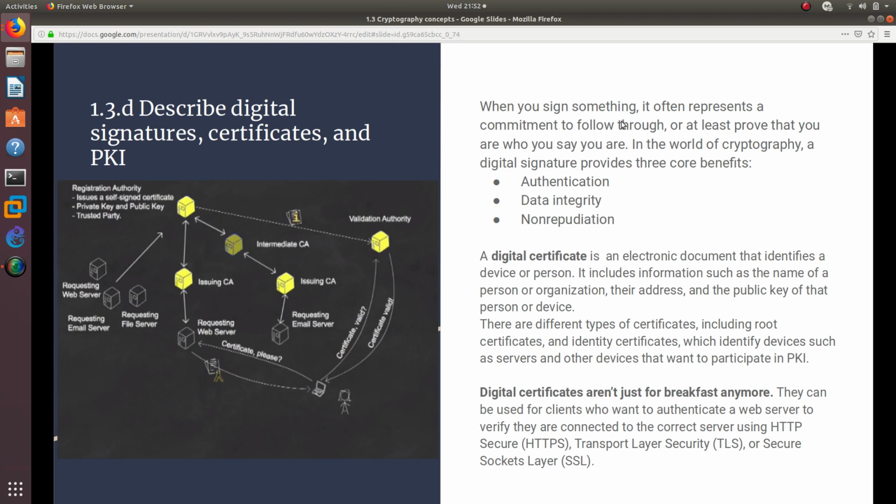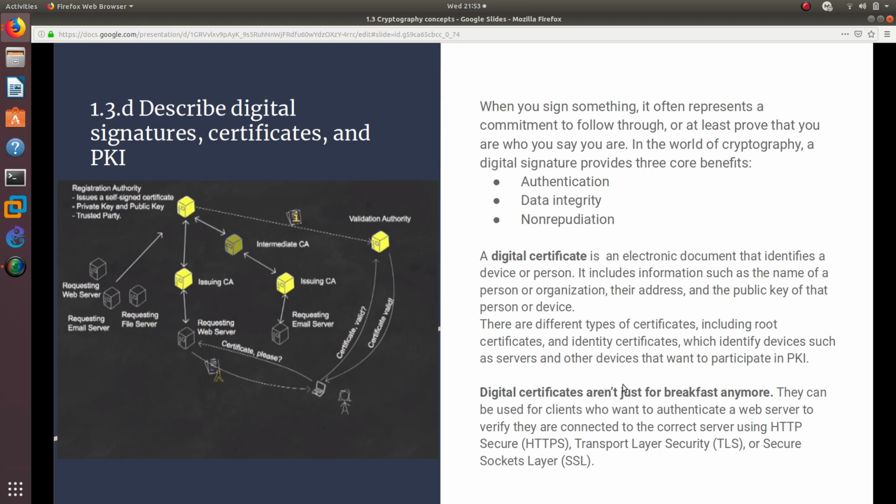So the digital certificate is the one that has the public key for that person, organization, or device. And there are different types of certificates, including root certificates and identity certificates, which identify devices such as servers and other devices that want to participate in the PKI.